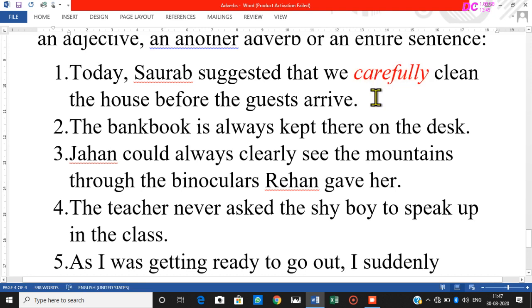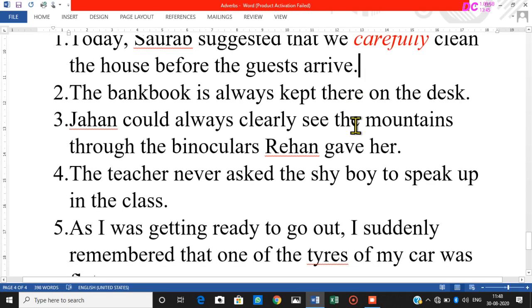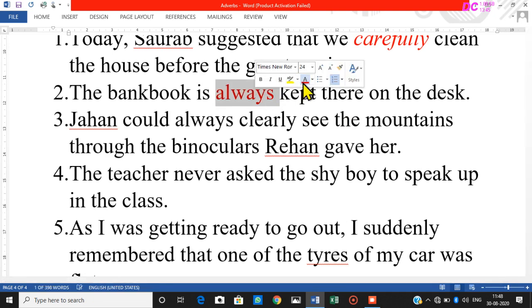Another: the bank book is always kept there on the desk. Here, this is the adverb. I will highlight the adverbs clearly. Jahan could always clearly see the mountains through the binoculars Rehan gave her. So clearly is the adverb.